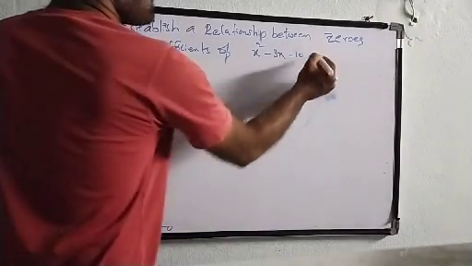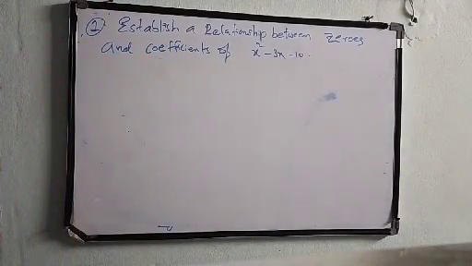Okay, so this is the question. It is a quadratic, so we have to establish the relationship between zeros and coefficients.